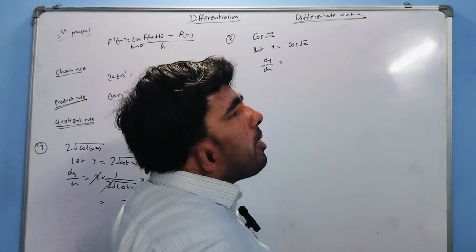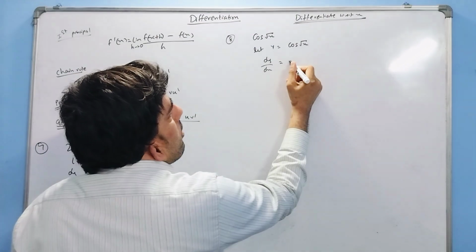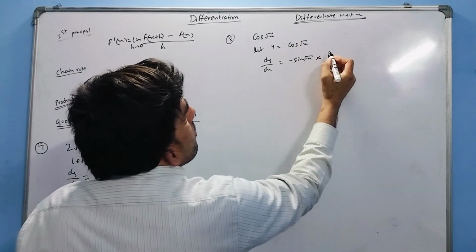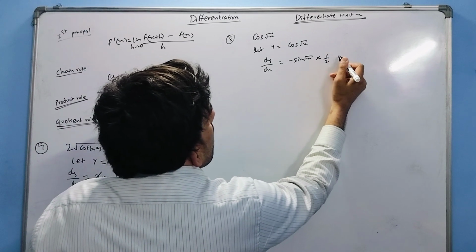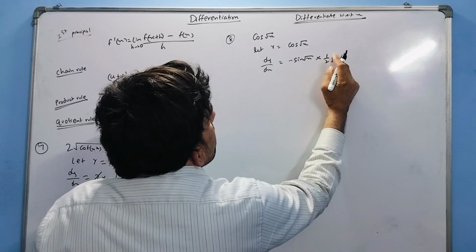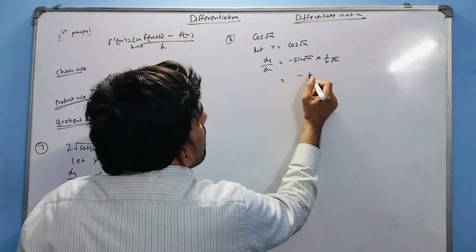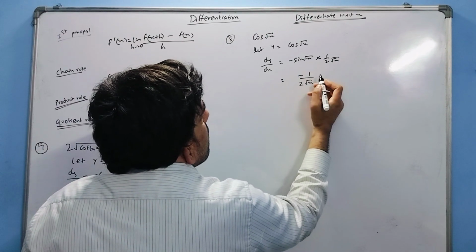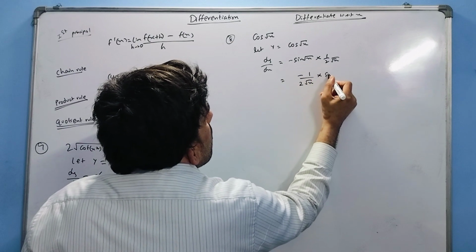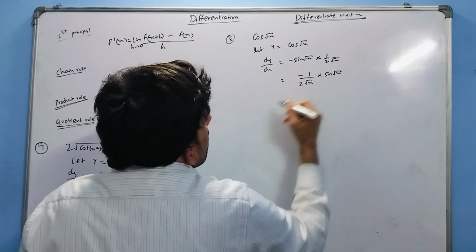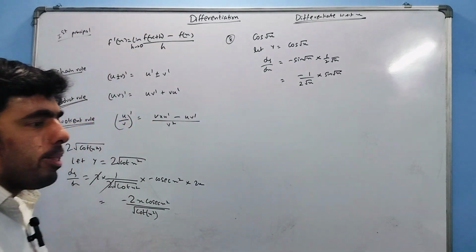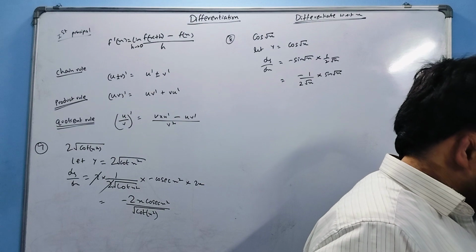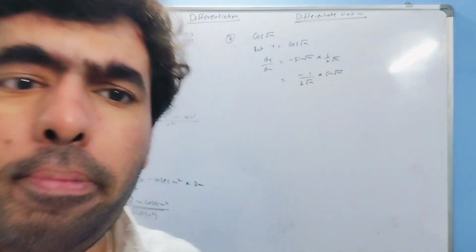Differentiation of cos will be minus sin, into differentiation of root x, so we will get minus 1 upon 2 root x into sin root x. Okay, that is how we try to differentiate such kind of functions.